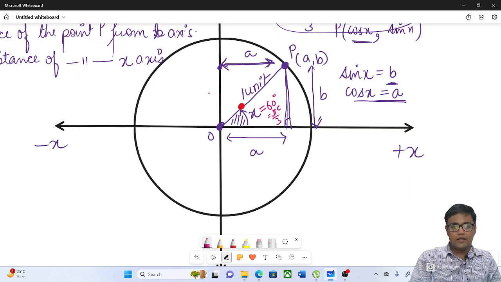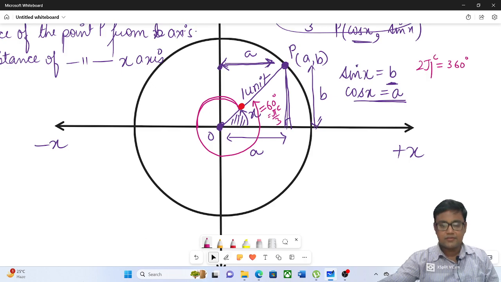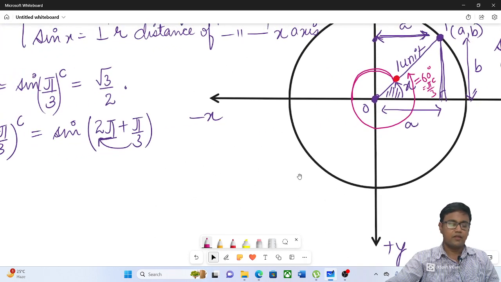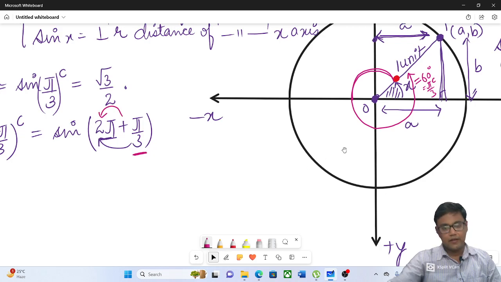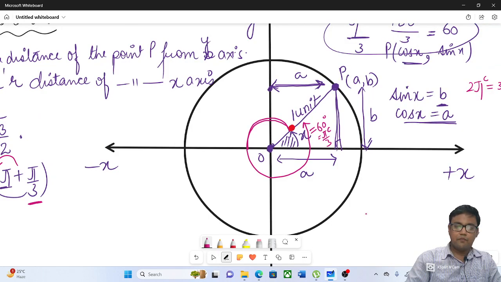Now, from here I took an extra 2 pi rotation, that is a 360 degree rotation. 2 pi radians is 360 degrees, right. From this pi by 3 I added an additional 2 pi and I came back to the point from where I started my journey after taking one complete rotation.